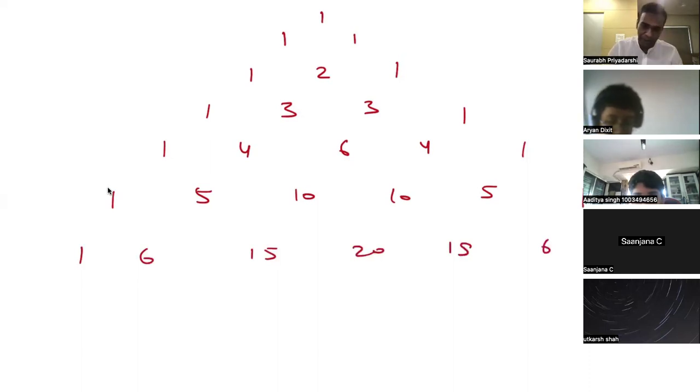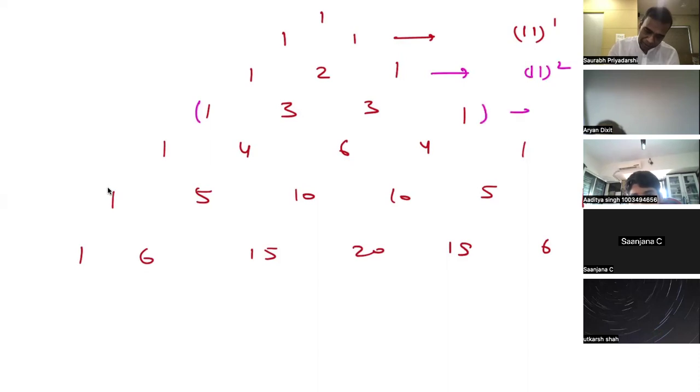See, if you look at this now, this is 1, 1, this is 11 to the power 1. This is 121. This is 11 square. This is 11 cube, 1331. This is 11 to the power 4.